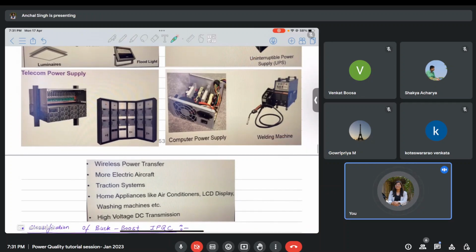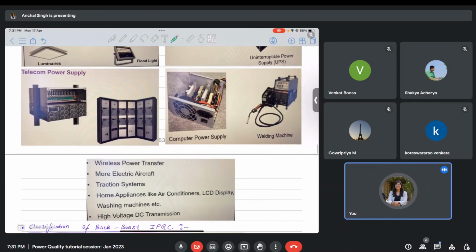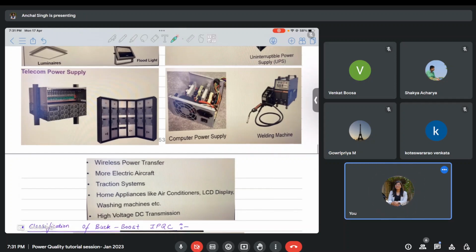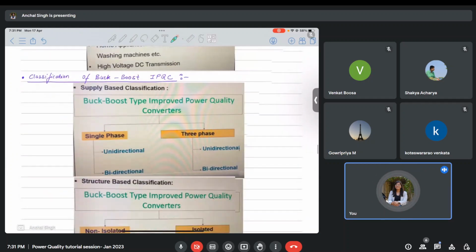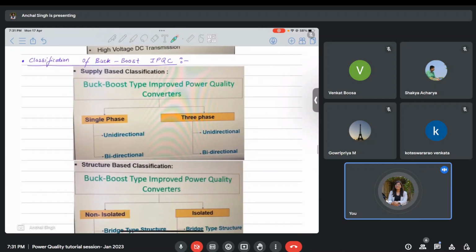Other applications are wireless power transfer, electric aircraft, traction systems, home appliances like air conditioners, LCD display, washing machines, etc. and high voltage DC transmission system. So these are a few other examples of buck boost converters.